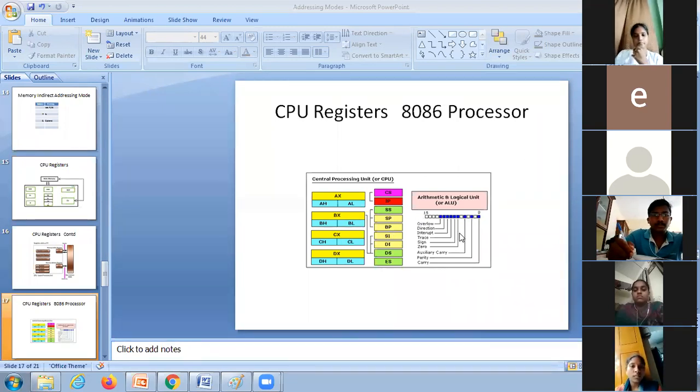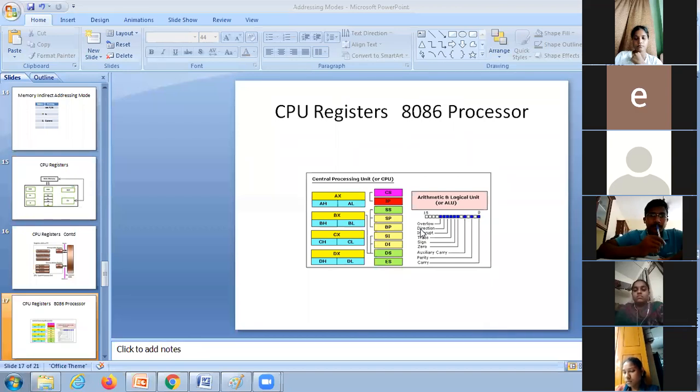What is the purpose of this flag register or program status word? Controls the program. Yes, for controlling the program, or to transfer the control from one location to another location, we are going to use this.